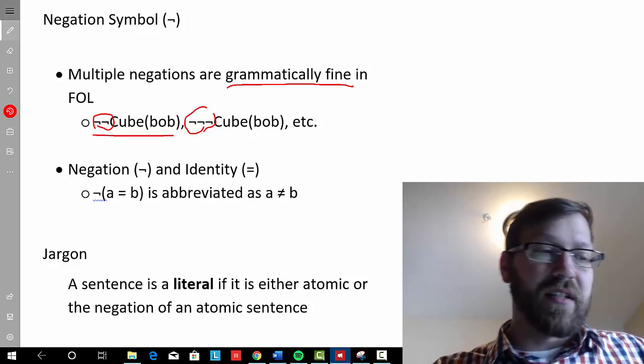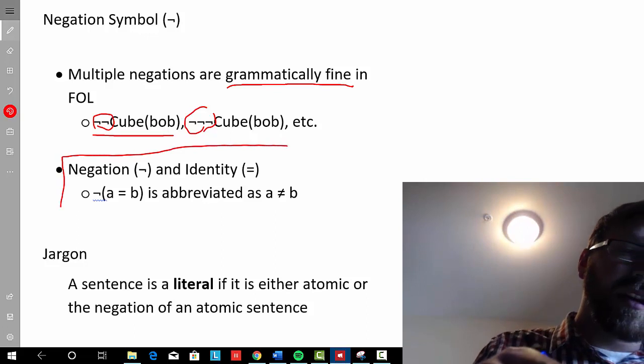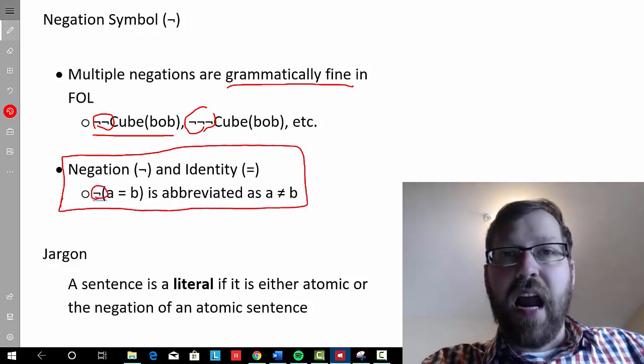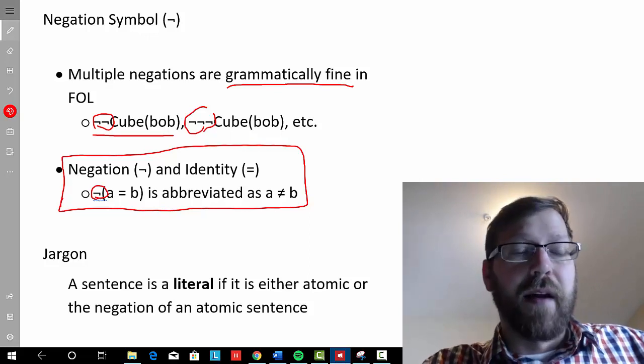All right, so there is this last bit here. There's one exception to putting the negation sign out in front of the sentence that's being modified.